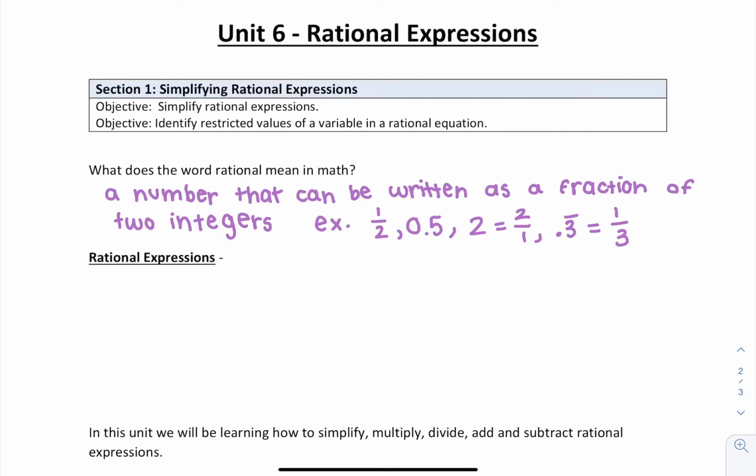So a rational expression is an algebraic expression in the form of a fraction.